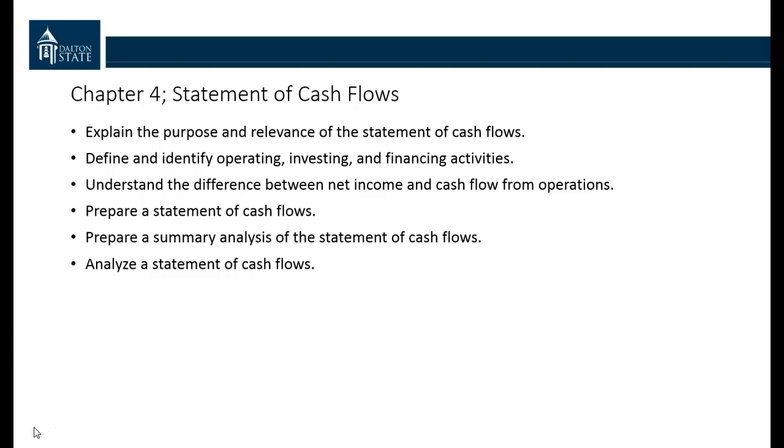So two different approaches that come up with the same exact number. The indirect method is more popular because it's easier. The direct method is more informative to external users of the financial statement. Most companies here in the United States use the indirect method. In Europe, under IFRS, they use the direct method.